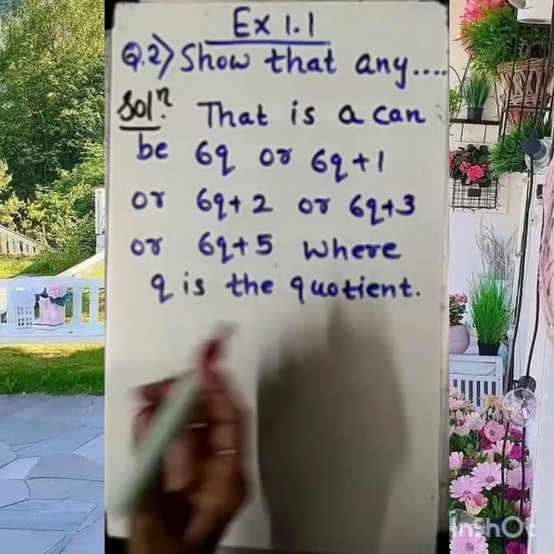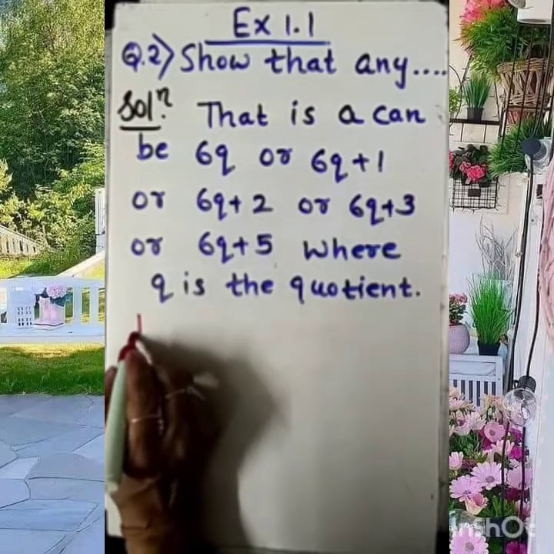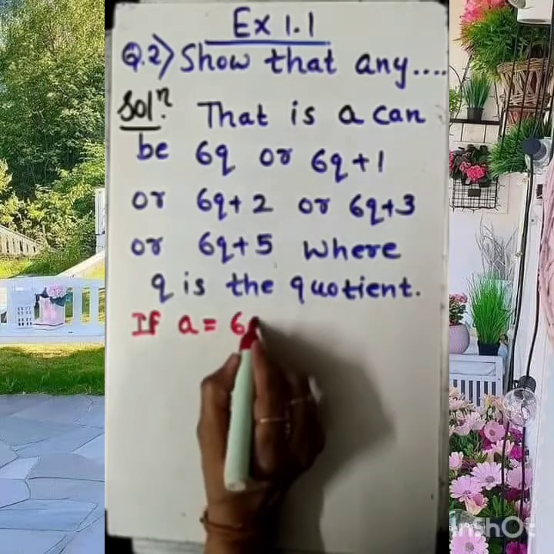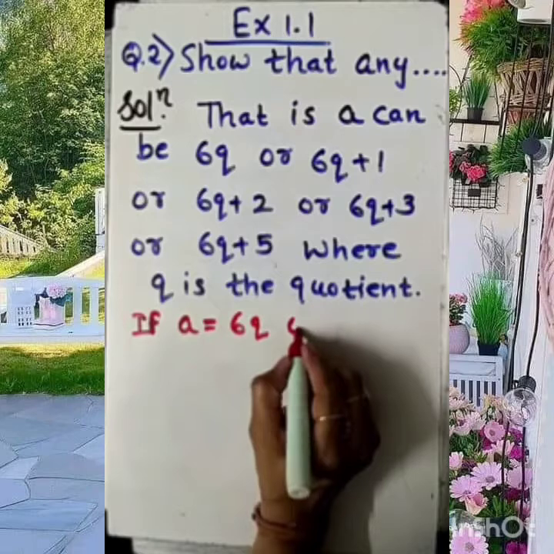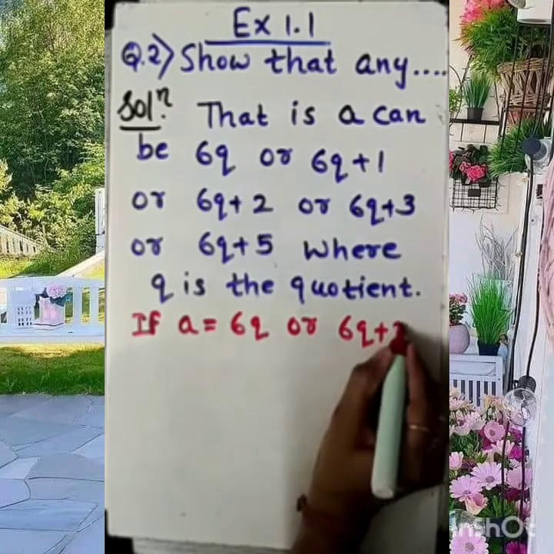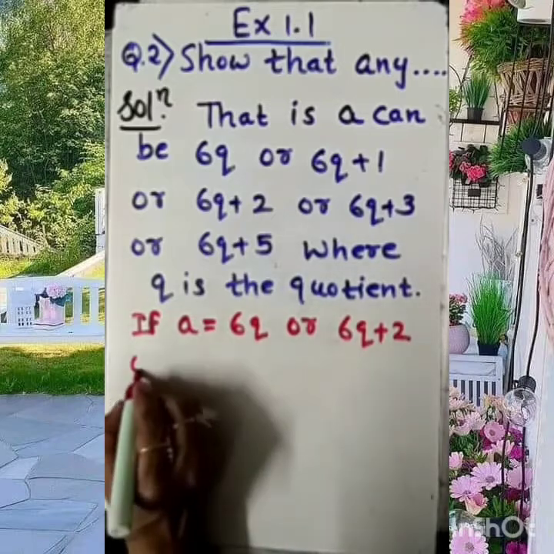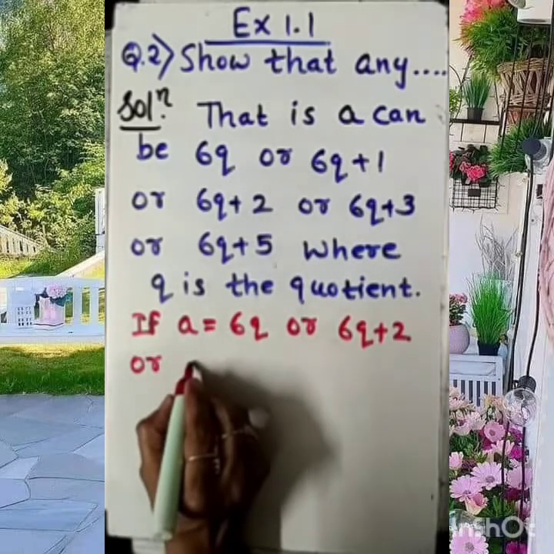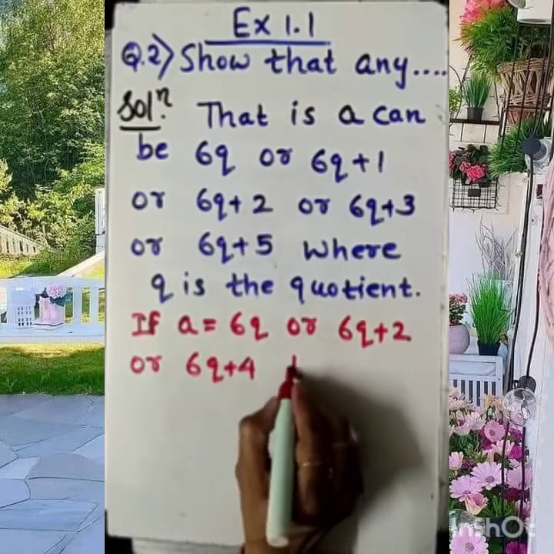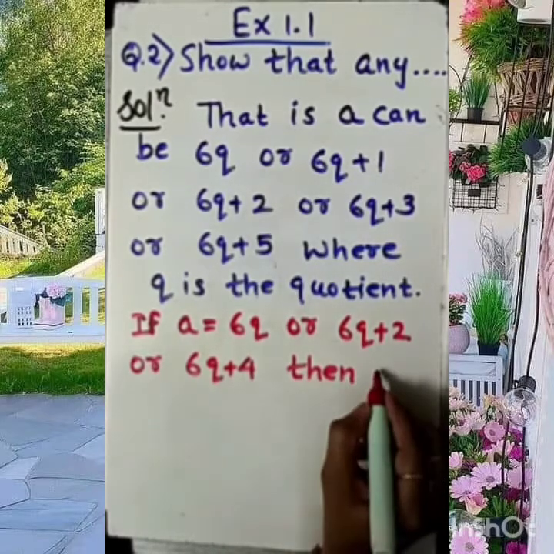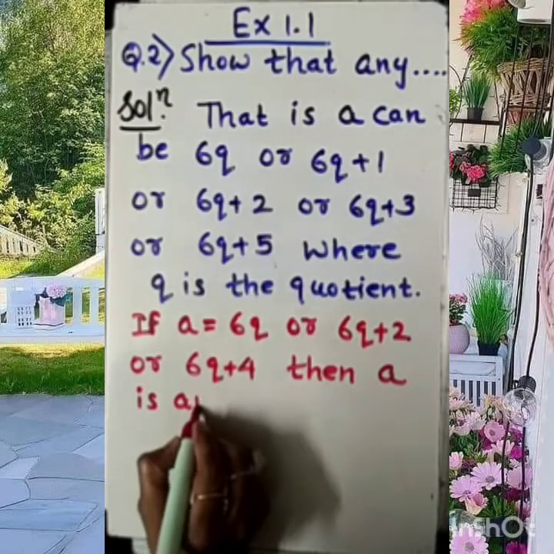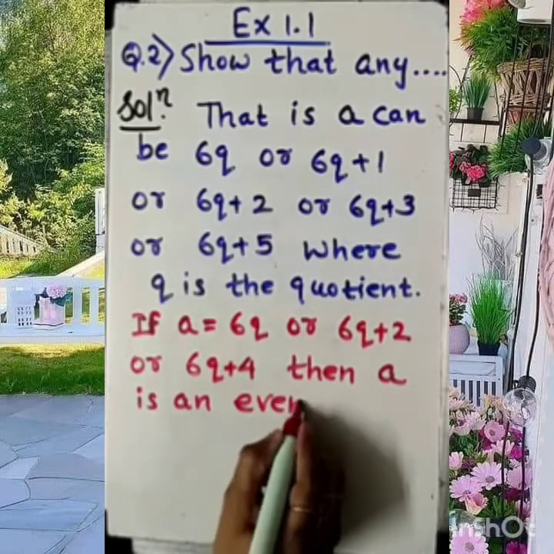So can we say, suppose the value of A is 6Q, or 6Q plus 2, or 6Q plus 4, then we can say that A is an even integer.